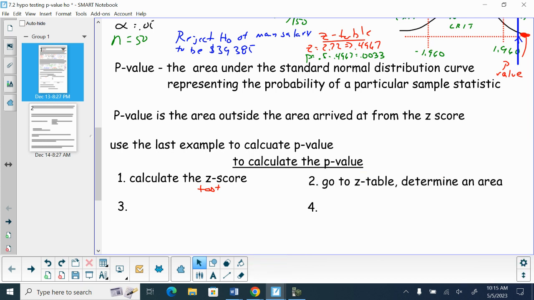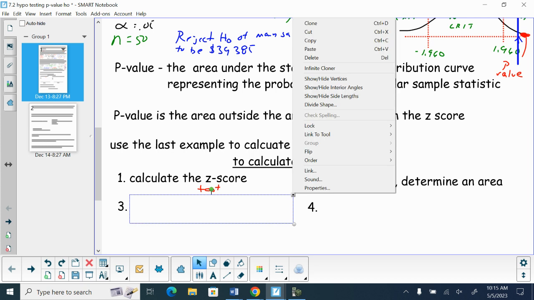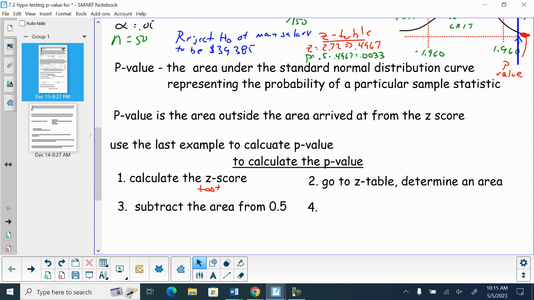We go to our z-table and determine our area, which is what we did. We subtract that area from 0.5, which is what we did. That gives us our area on the outside. These are all things that we've done already when we started looking at the z-table.